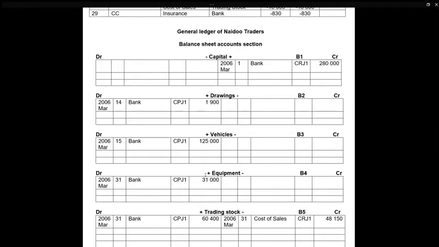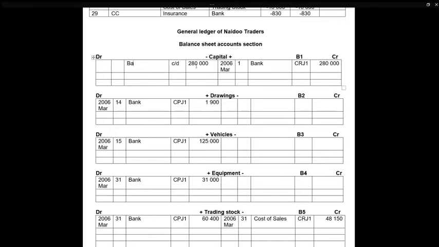First of all, my capital asset or owner's equity account, I need to decide which side is the larger side. Very easy to see. I can see that my credit side is way bigger than my debit side. I need 280,000 Rand to balance the two sides. Therefore, I did a calculation and it will be carried down.